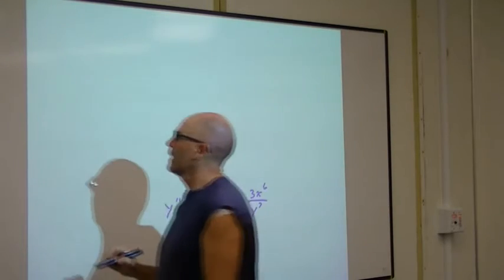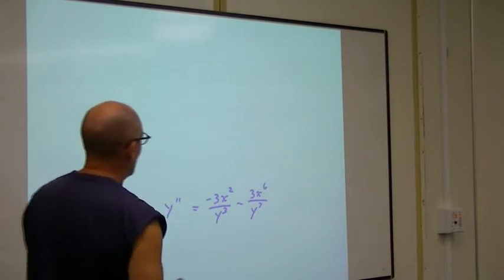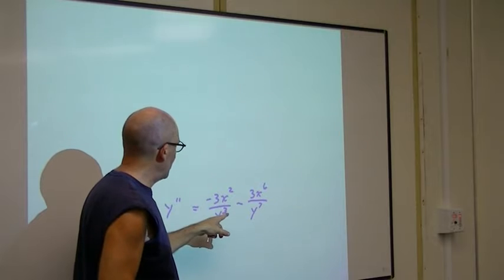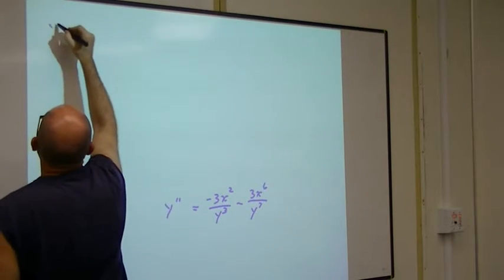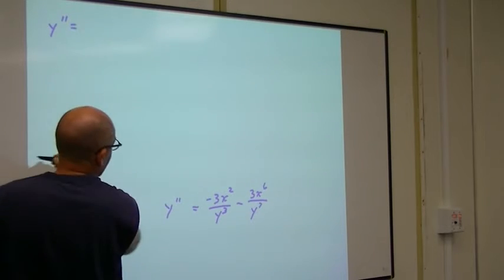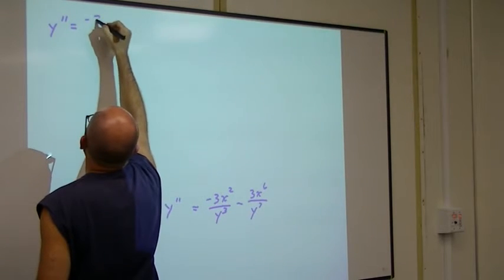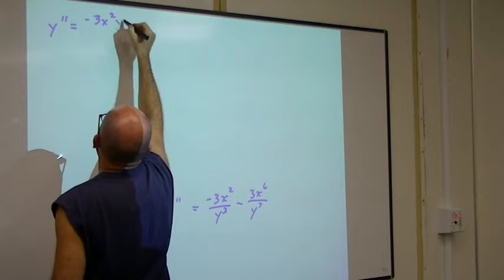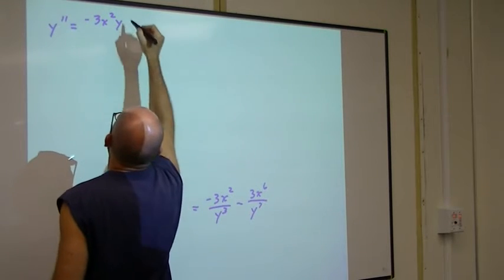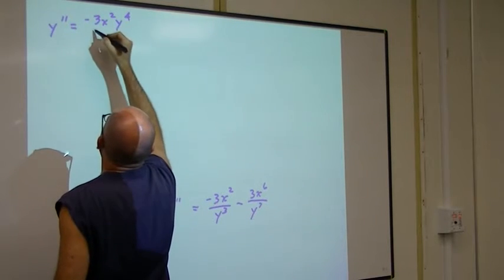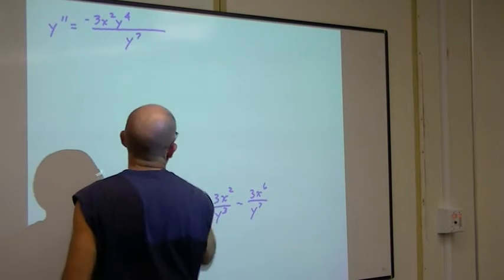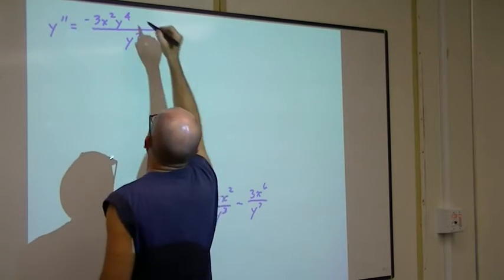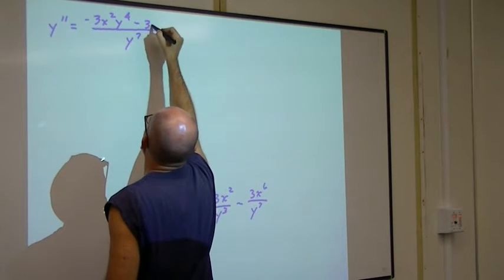First thing, we need common denominators, so we multiply this by y to the fourth over y to the fourth. So we've got y double prime equals negative 3x squared y to the fourth over y to the seventh minus 3x to the sixth.